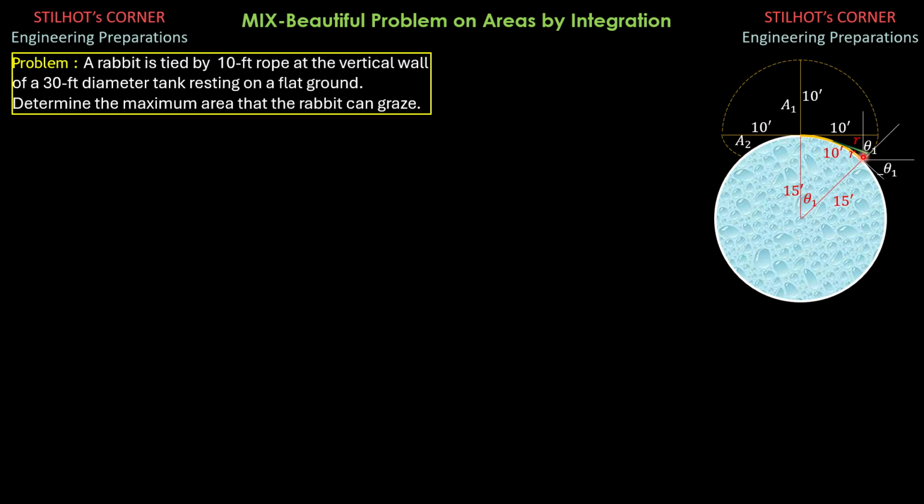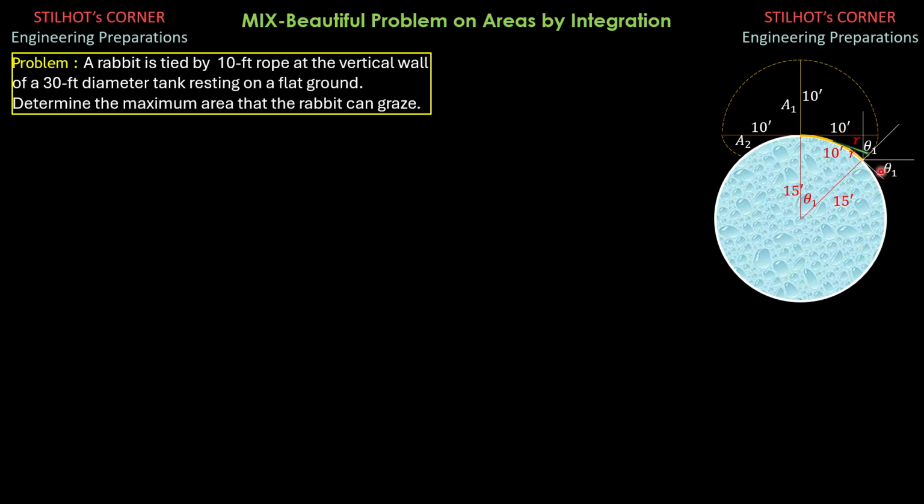But before that, let us analyze theta 1. Take note that this is 10 feet, which is an arc length, and the radius of the tank is 15 feet, and I'll call this theta 1. So that we can determine the limits of theta, which is from 0 to this value here.